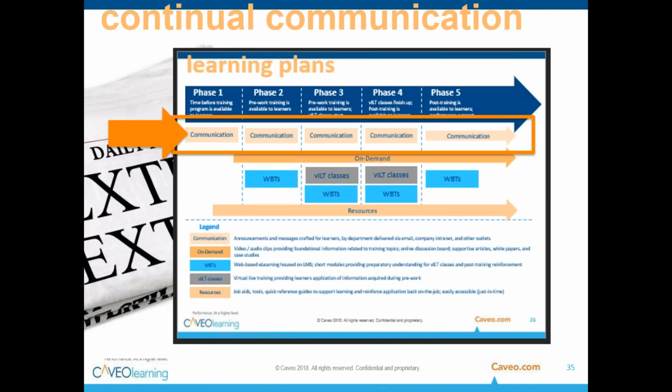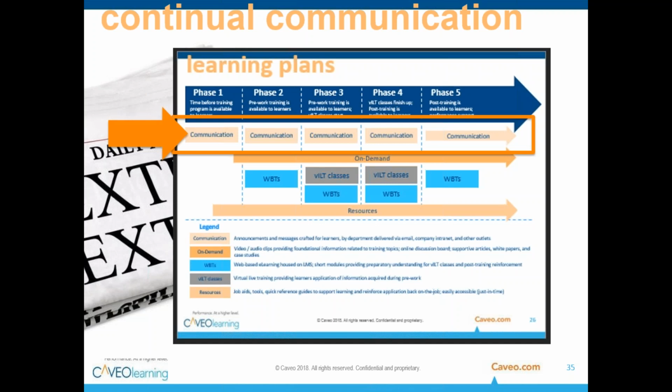So we talked quickly earlier about learning plans for the learner. At the top there in that orange box, you can see the communication points listed and identified at each phase of the learning. So you can see the communication actually starts before the learner has access or can dive into any of the actual learning objects. It doesn't have to be complex, a learning or a communication plan.